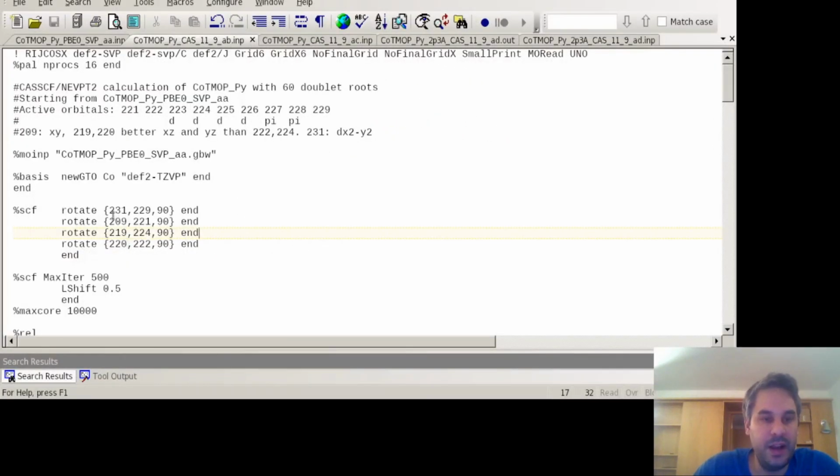So I go to the file and say, okay, 231, I will rotate it with 229, which is an orbital I don't want. So in this way, I will be putting the dx² minus y² orbital in the active space.